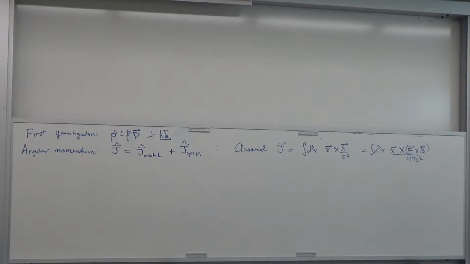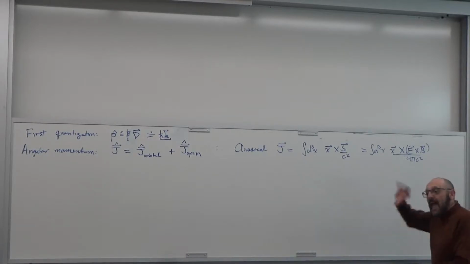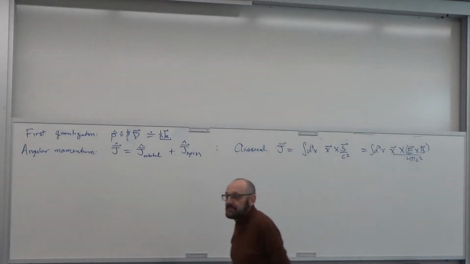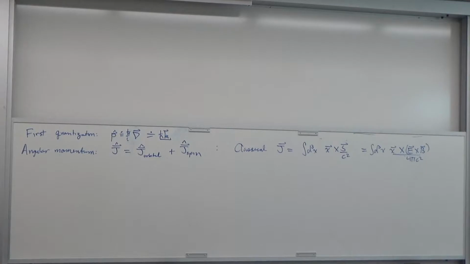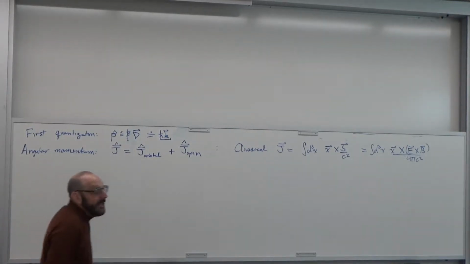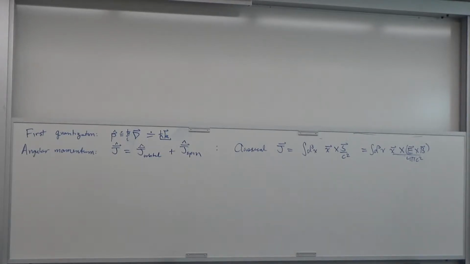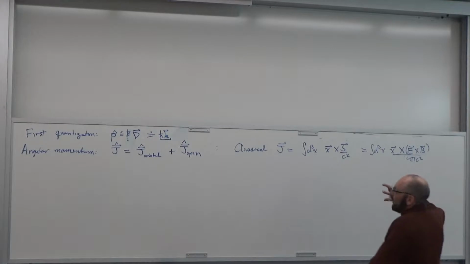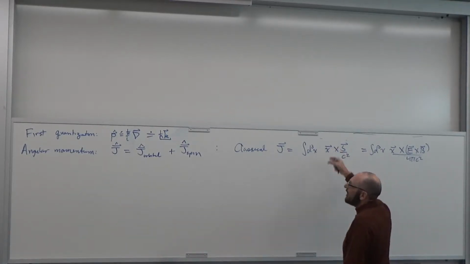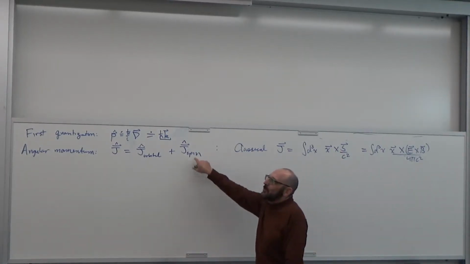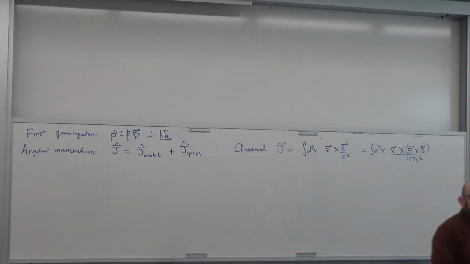So, as you have studied in your electromagnetism, I hope, the electromagnetic field has angular momentum as well, and that's the total angular momentum. But we can decompose that in terms of a component that has to do with the rays, what we would call the orbital angular momentum, and something having to do with the direction of the vector, which in the quantum world becomes a spin angular momentum.